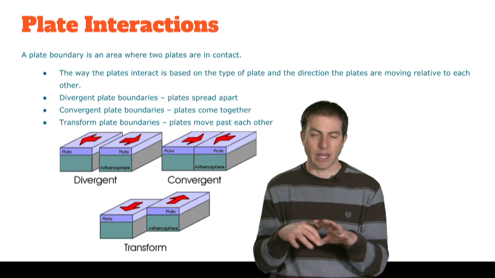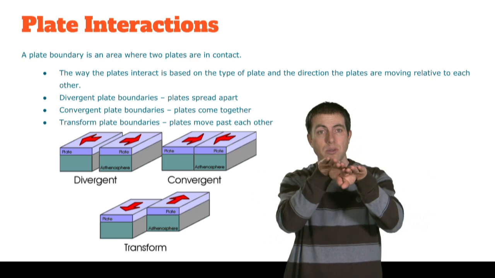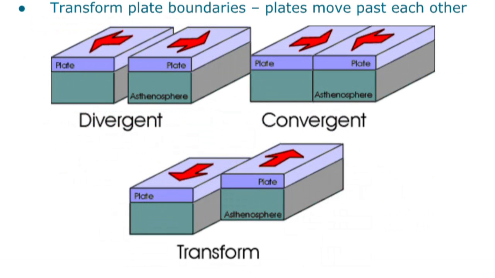Two plates can run into each other. That's one option. Two plates can be pushed apart from one another. That's another option. And two plates can slide past one another going in opposite directions. That's a third option.